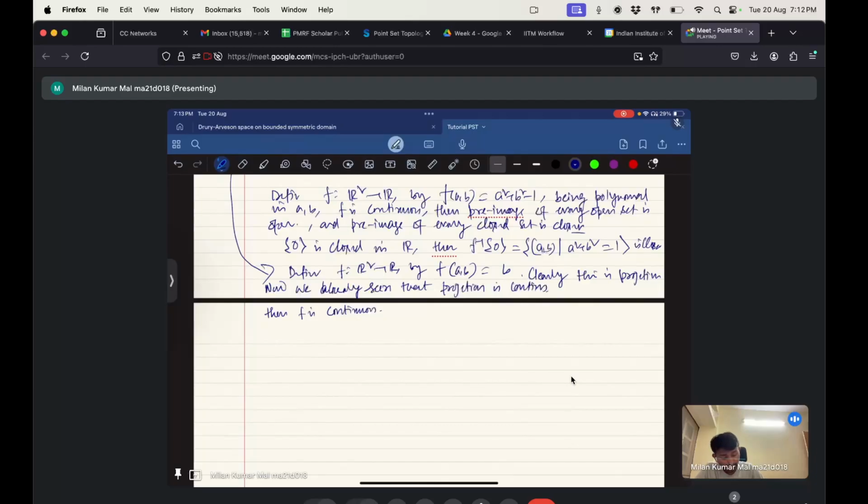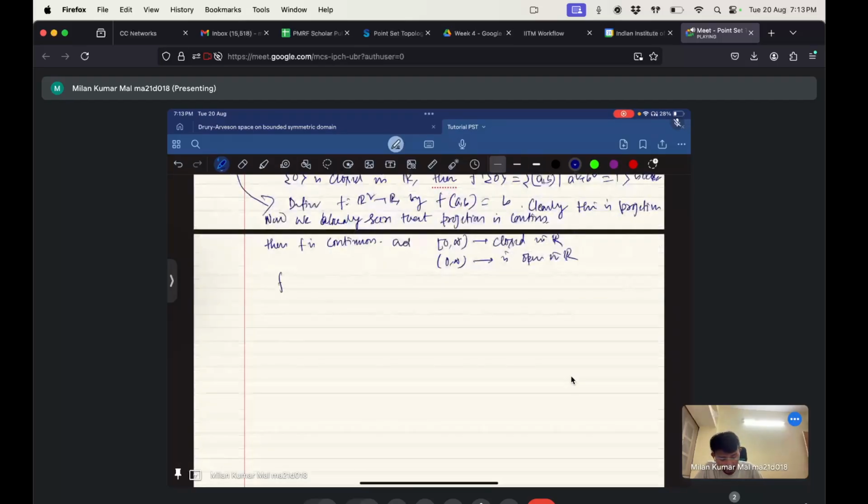Now f is continuous, and this particular set, 0 to infinity closed, is closed in R, and 0 to infinity open is open in R. Now f being continuous, f inverse of this closed interval equals all those (a, b) belonging to R square such that f of (a, b) belongs to closed interval 0 to infinity, is closed, because this set is closed.